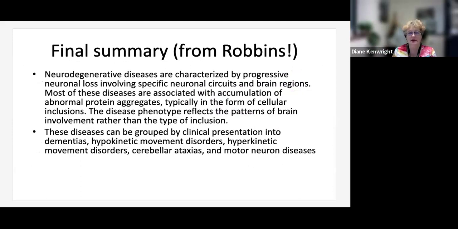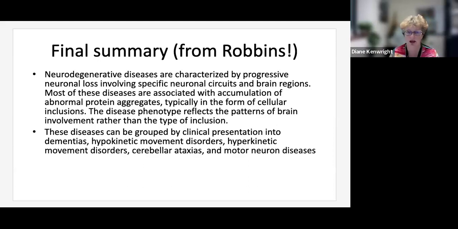So, final summary from Robbins. Neurodegenerative diseases are characterized by progressive neuronal loss, mostly associated with aggregates of protein. You need to know which protein belongs to which disease so that you understand the treatment and the phenotype, the symptoms that the patients are expressing.